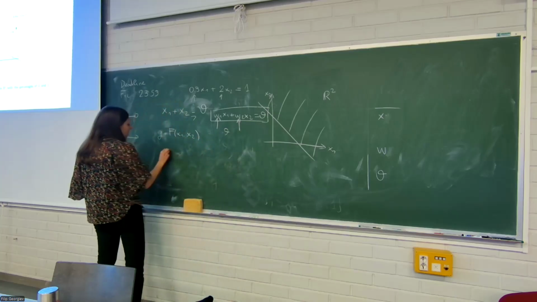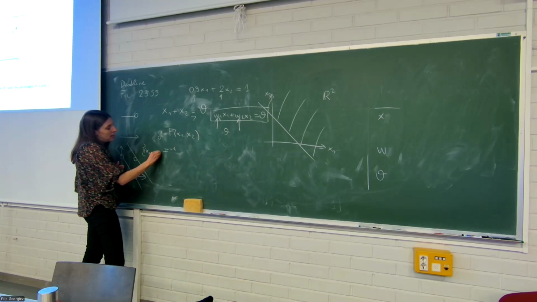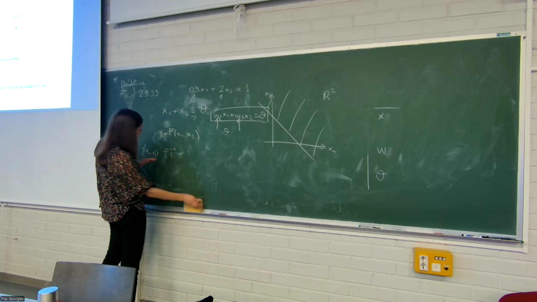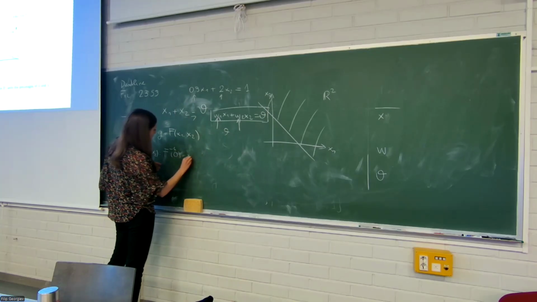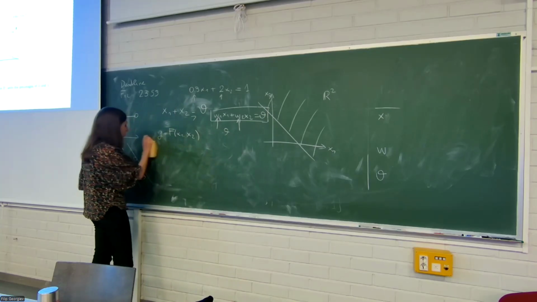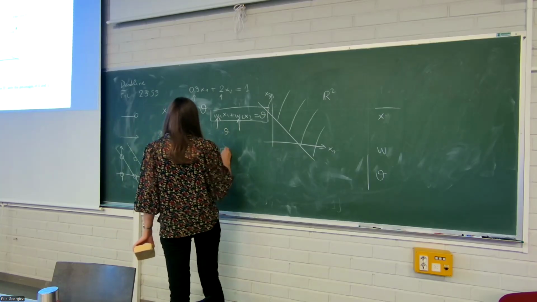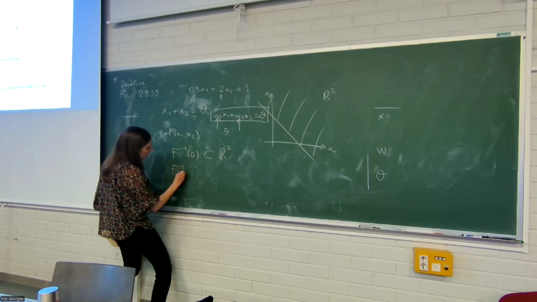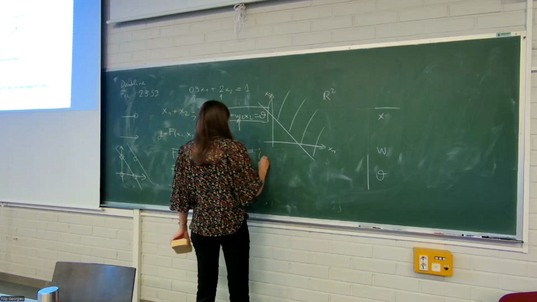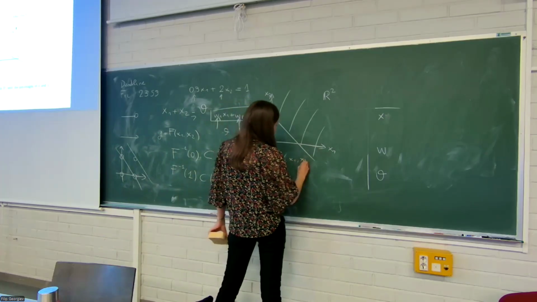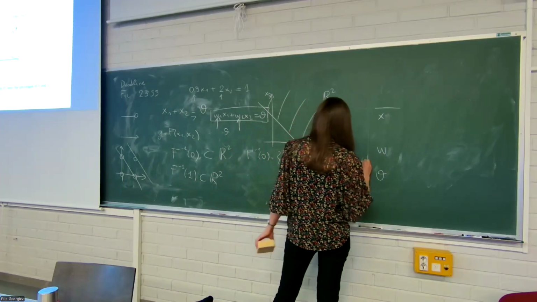Then I'm considering f^-1 of 0, which is a subset of R2, and f^-1 of 1, also a subset of R2. f^-1 of 0 is the set of all x1, x2 such that f(x1, x2) equals 0. The same thing holds for 1.